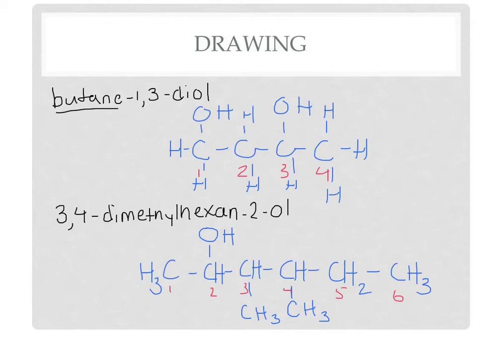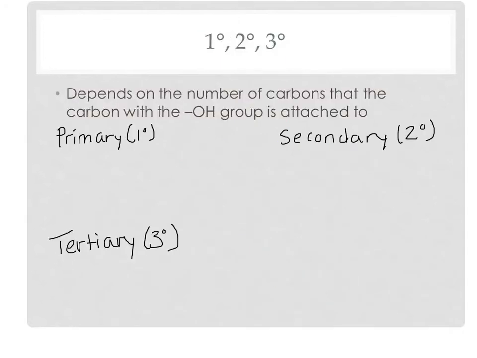Then we add the correct number of hydrogens so that each carbon is bonded to 4 things, and we have 3,4-dimethylhexan-2-ol.